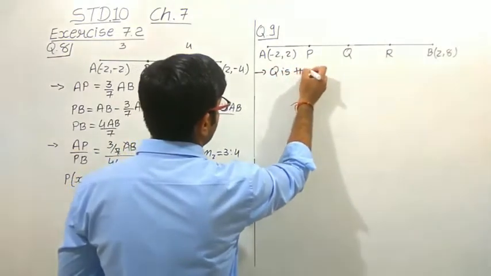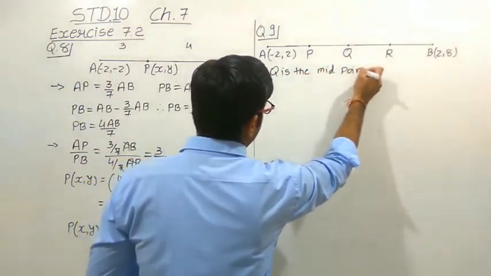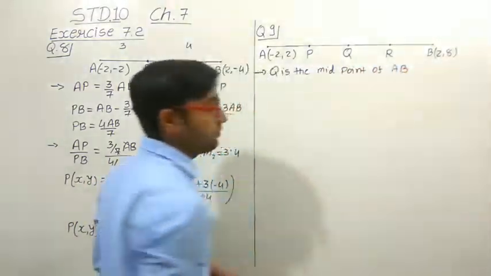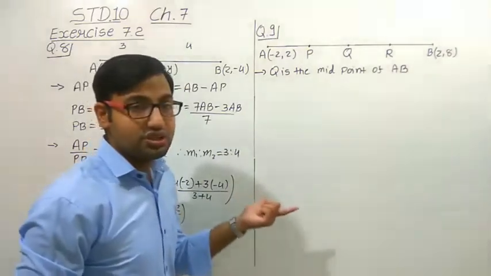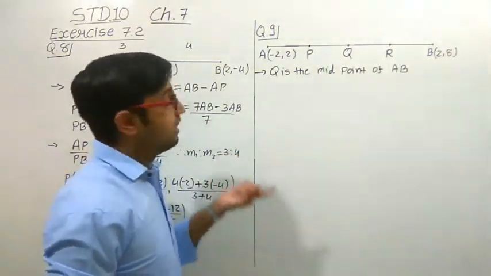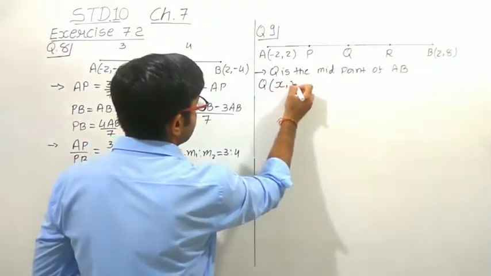Q is the midpoint of AB, right? So here we can directly use the special case of the section formula, that is the midpoint formula. Let's suppose Q has the coordinates x, y.